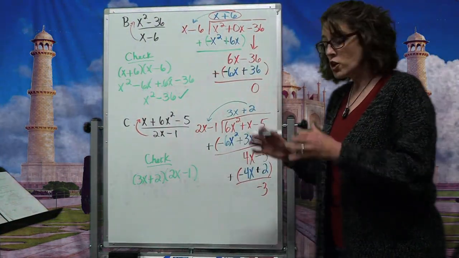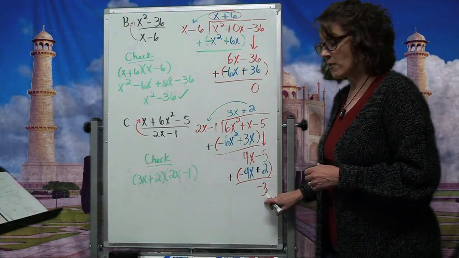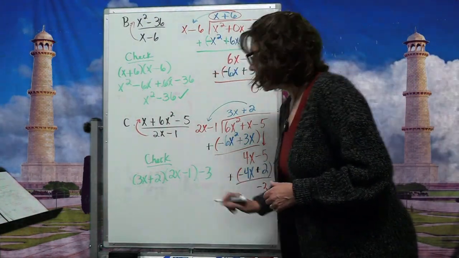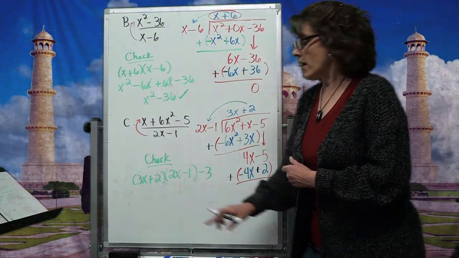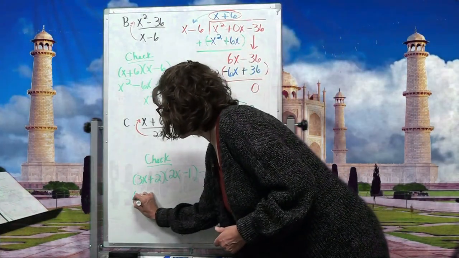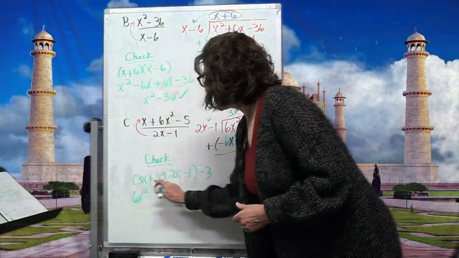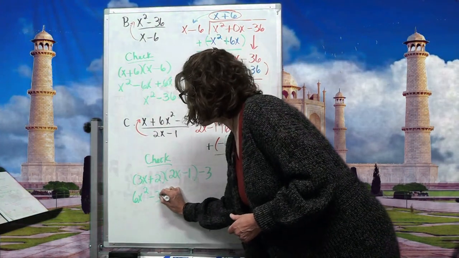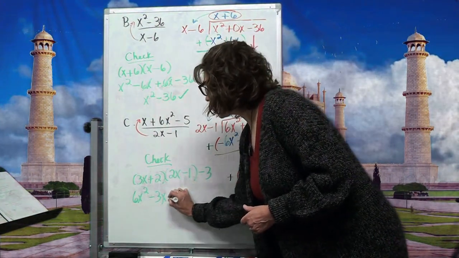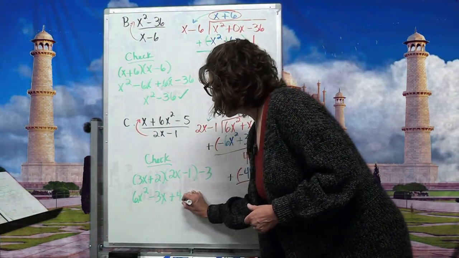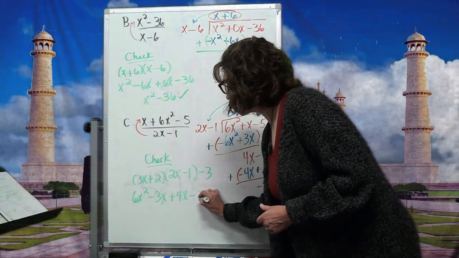When I finish all that out, I need to add in that remainder, that negative 3. So I'm going to FOIL all this, and 3x times 2x is 6x squared. 3x times negative 1 is a negative 3x. 2 times 2x is 4x. And 2 times negative 1 is a negative 2.